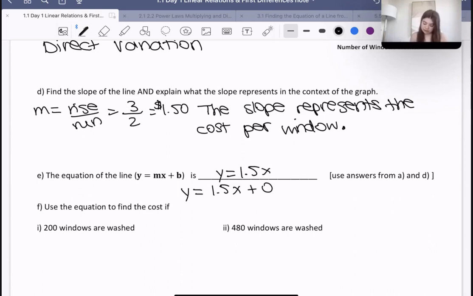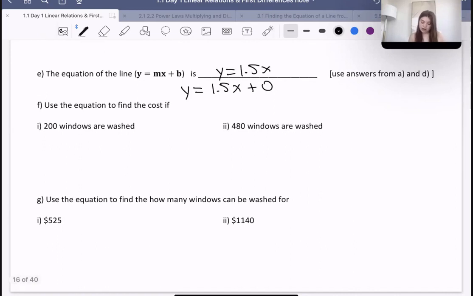Now let's use the equation to find out how much it would cost if 200 windows are washed. y would be equal to 1.5 times 200, which is $300. So to wash 200 windows, it would only cost $300, which is a pretty great deal.